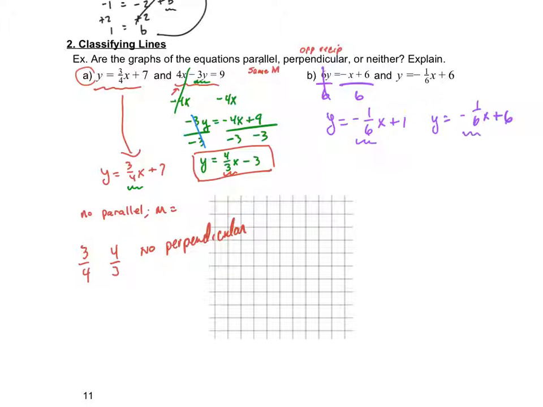My slopes are the same in these two equations, so hopefully we know that equals a parallel line. And in geometry, parallel lines use those two little hash marks to indicate parallel lines. So we are able to look at those and identify if they're perpendicular, parallel, or neither.